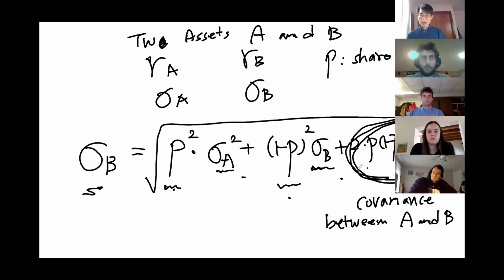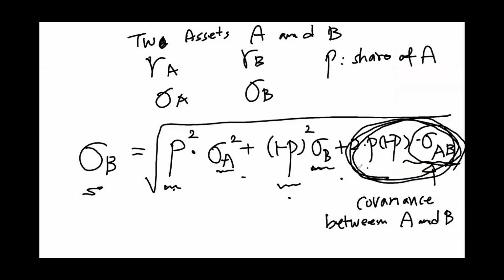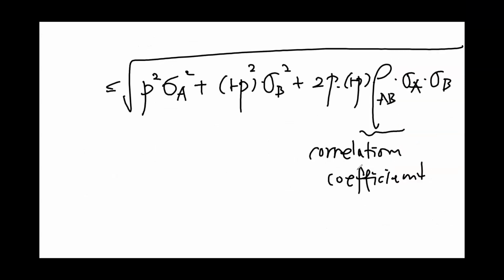So if two assets are inversely correlated, so going back here, right? If two assets are inversely correlated, when one does well, the other doesn't do well, then the correlation coefficient will have a negative value, right? And this is positive, but this will become negative.